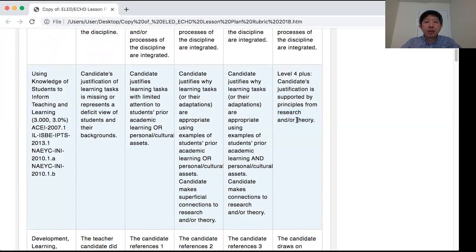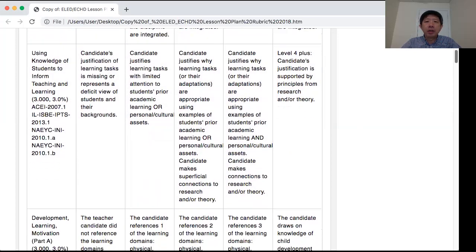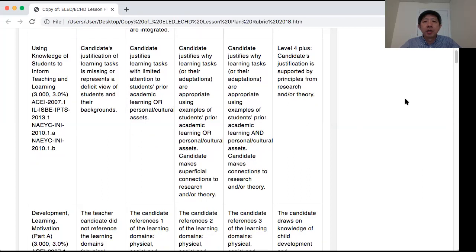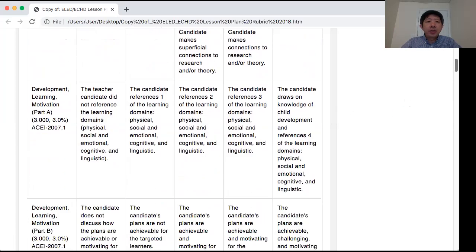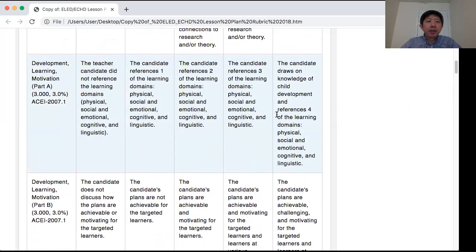Any theory or research you can connect with will be great, because teaching has to connect to research. Now next is development, learning, and motivation. You need to think about child development. Maybe you have learned some child development from other classes, and you can apply it here, okay?